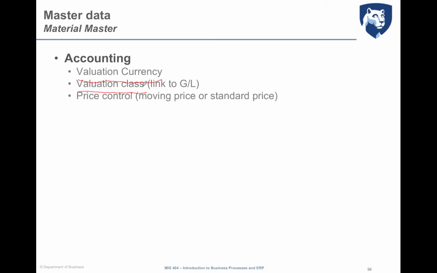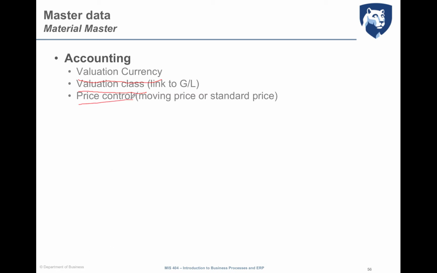And the valuation class provides an integration point between purchasing and financial accounting, because thanks to the presence of the valuation class, the system is able to automatically post appropriate stock or inventory accounts in the general ledger when purchasing transactions take place. So all financial transactions for materials with the same valuation class are posted in the same general ledger account.